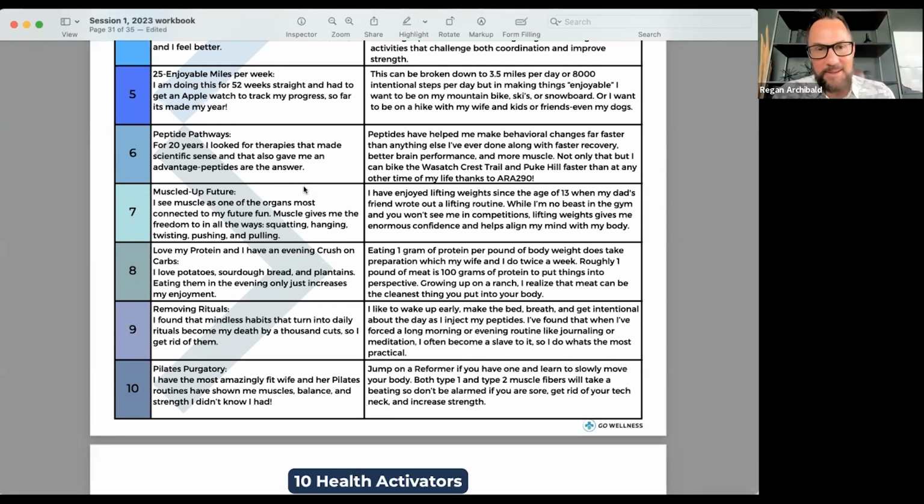But yeah, the 25 enjoyable miles is pretty easy, because it can be broken down to 3.5 miles a day, or 8,000 intentional steps. When I'm walking from one side of the office to the next, or upstairs to downstairs, those don't count. But when I'm doing things that are intentional, like going for a run, a walk, hiking, mountain biking, skiing, the 25 enjoyable miles remind me to participate in recreation more.